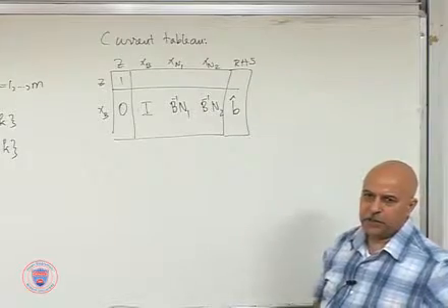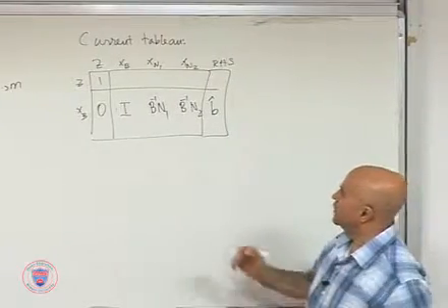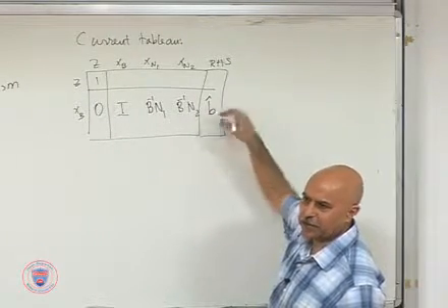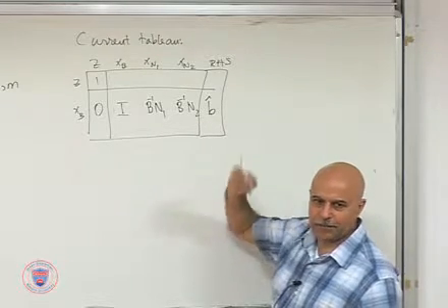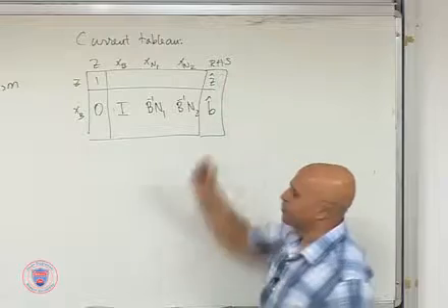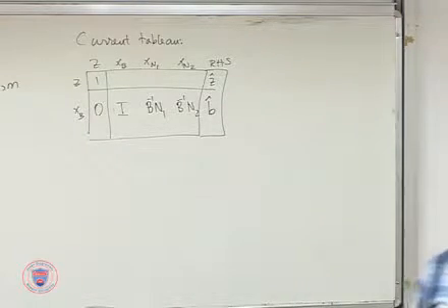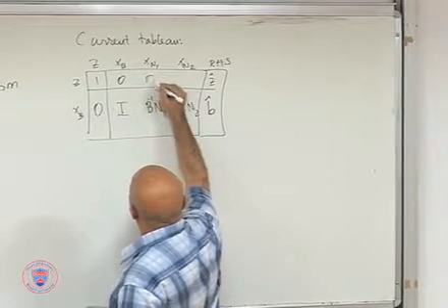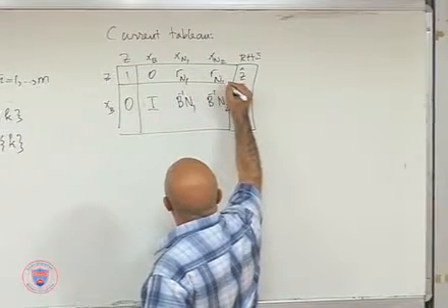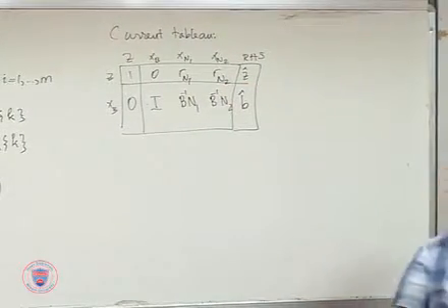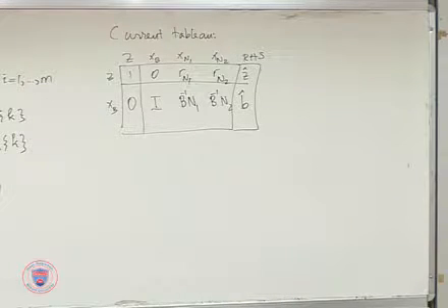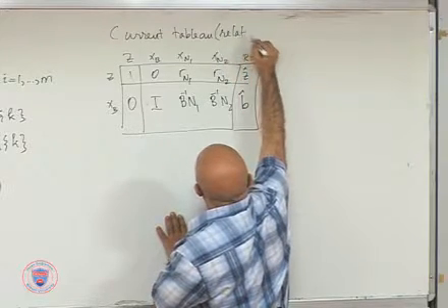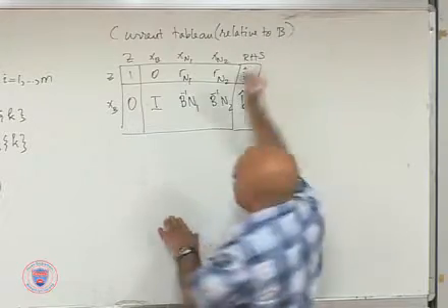Don't think of it as the old case. It's not B inverse times the entire thing. B cap is different from B inverse b, okay? B cap is B cap. And also you've got Z cap here, which is somewhat different from the old situation, okay? And here you've got 0, the reduced cost for the first type of variables, and reduced cost for the second type of non-basic variables. That's the current tableau relative to basis B.